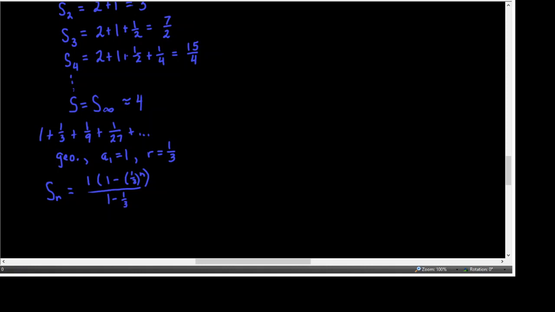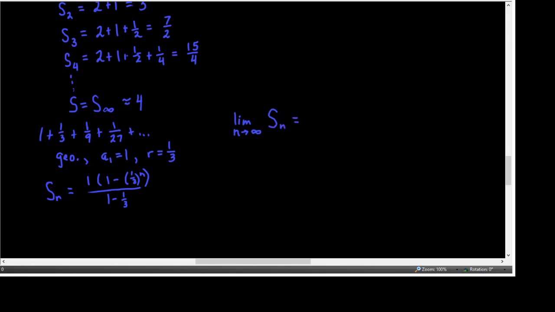And if we were to think about what would happen if n approached infinity, which is something we can do with a limit, we can say the limiting value, the value that s sub n is approaching as n approaches infinity, is what this means.